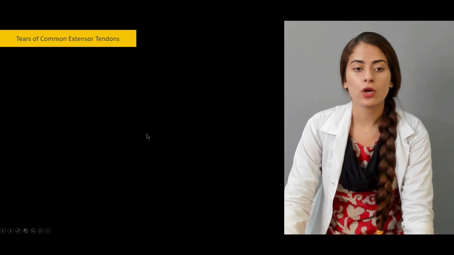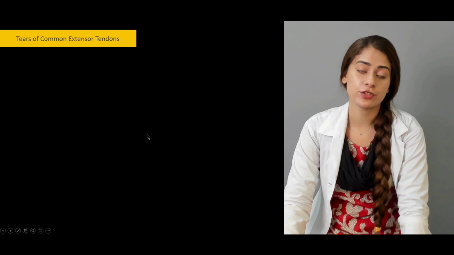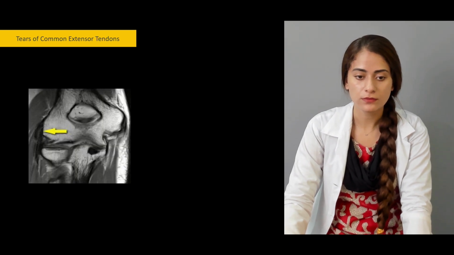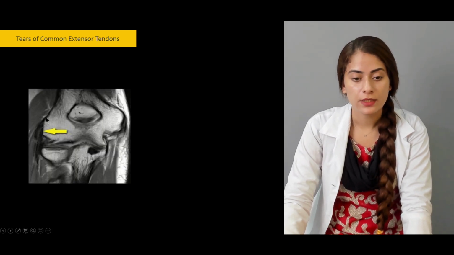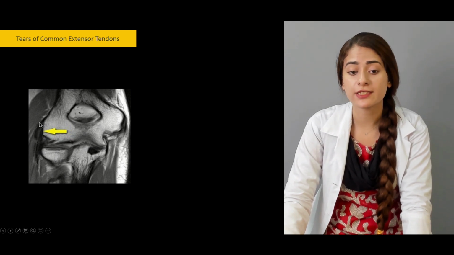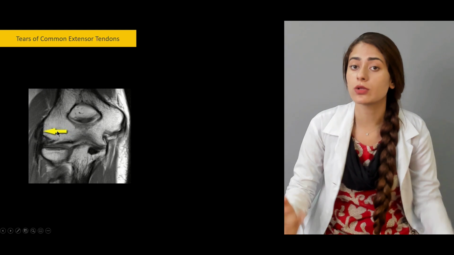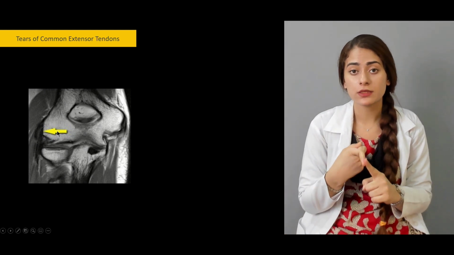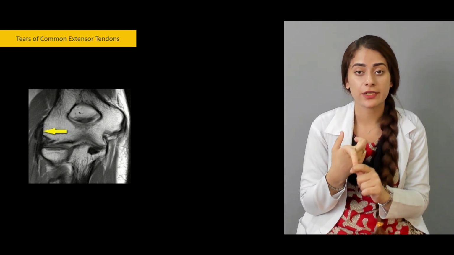Now we're going to talk about the tears of the common extensor tendons. This is the medial epicondyle, and this is the lateral epicondyle. The extensors attach to the lateral epicondyle; all of this is related. The medial is the attachment site for the flexors.